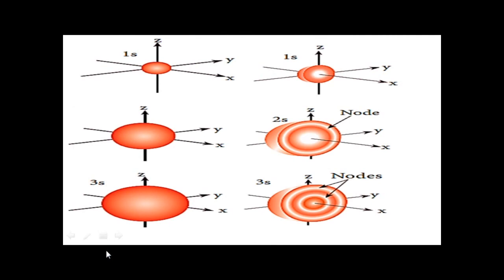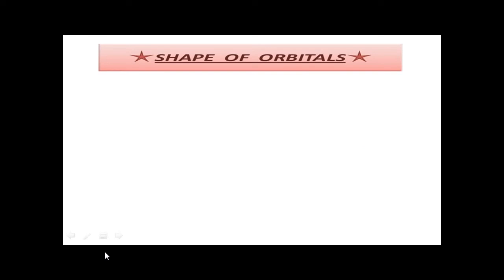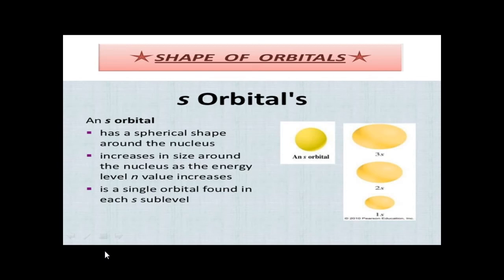S orbital is a spherical shape. One more question: what is the shape of the S orbital? Spherical shape. So the next one is the shape of orbitals. The first one is the S orbital. S orbital is, as I already told you, spherical shape.